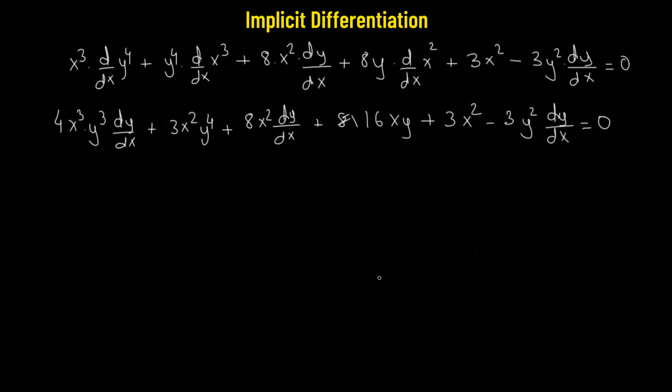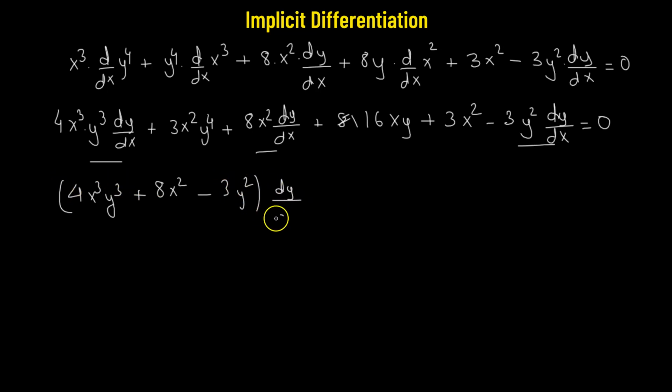So let's now separate all the dy over dx together. So we have 4x cubed y cubed from the first term. Then from the third term we have 8x squared, and from the last term we have negative 3y squared multiplied to dy over dx, and we take all the remaining terms to the right hand side.